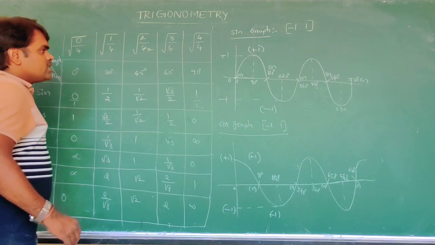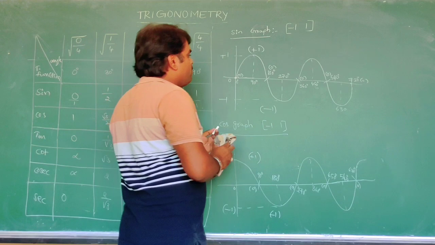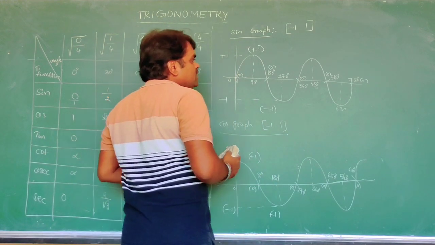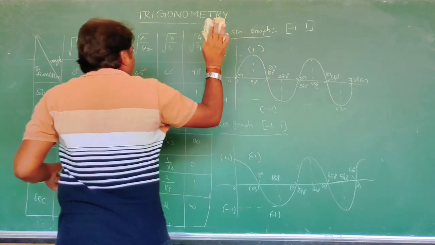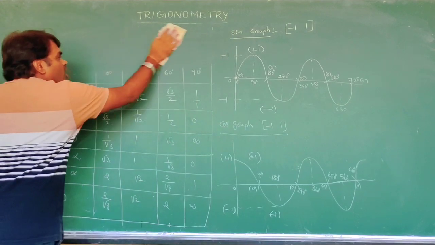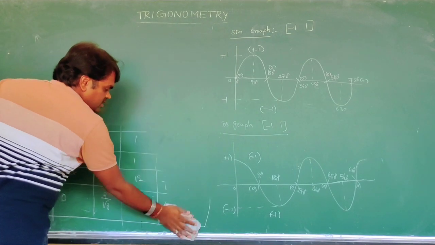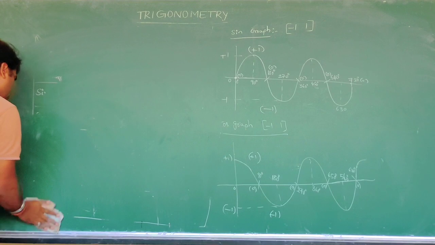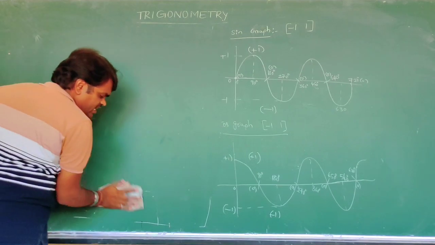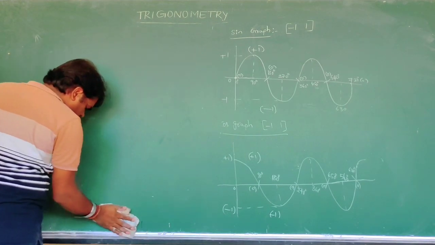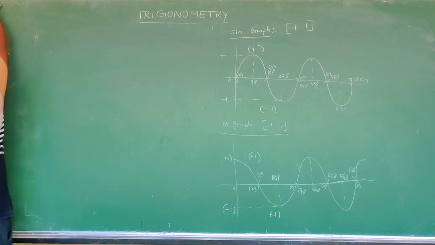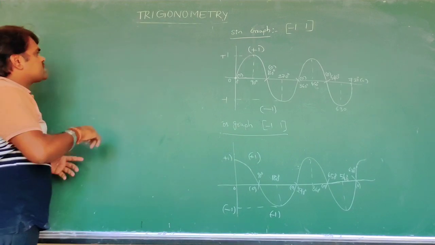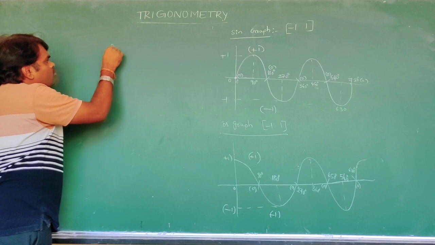Now some other angles we should remember are very important. Some angles we can use extensively, especially in work, energy, power, ray optics and wave optics. We can use these angles mostly.